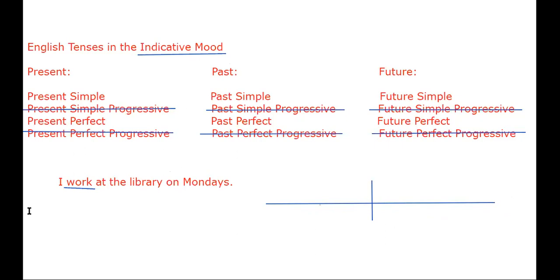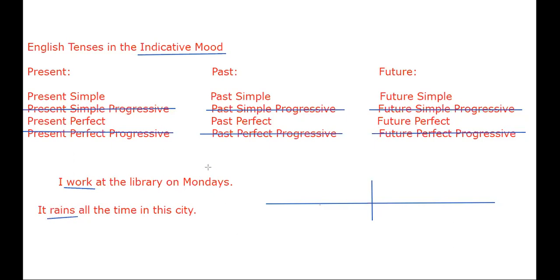Another example would be, let's say, it rains all the time in this city. That's also present simple, right?